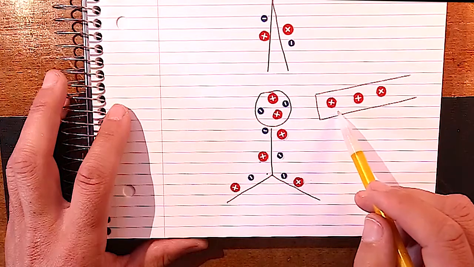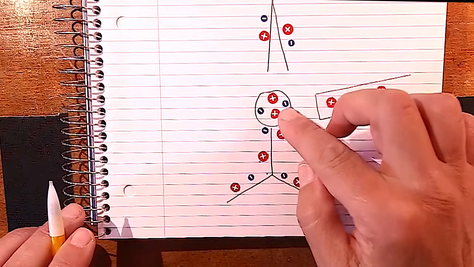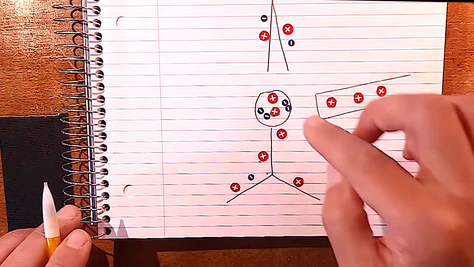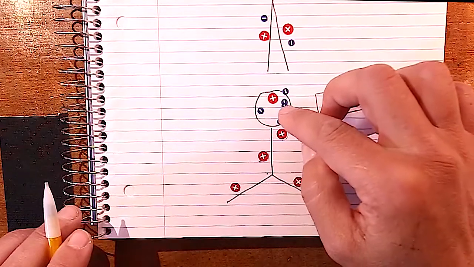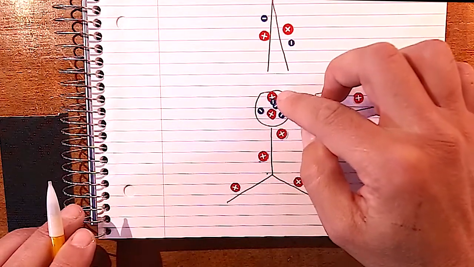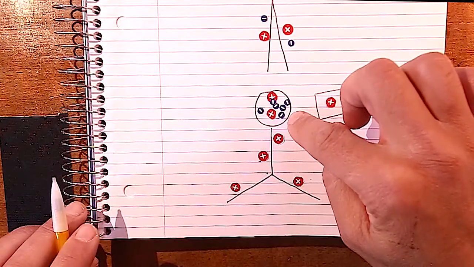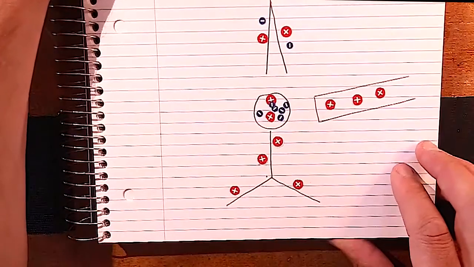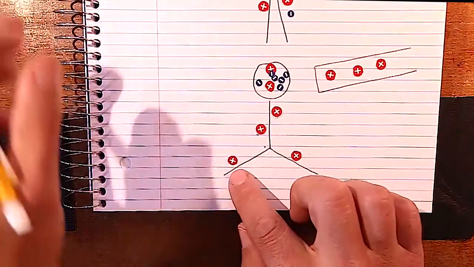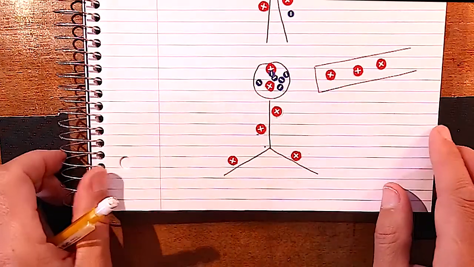Well, in this case, this is positive, so the electrons are going to move. They're all going to come up towards the top, and they're going to be attracted towards this rod. So that makes the top of the electroscope negative, and it makes the bottom of the electroscope positive. Well, what's going to happen if we have positive and positive? We're going to get repelling, so the leaves separate.